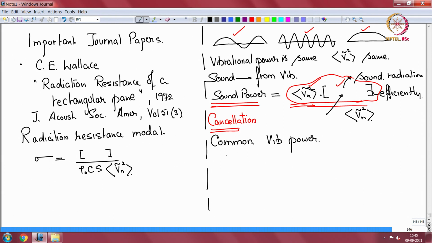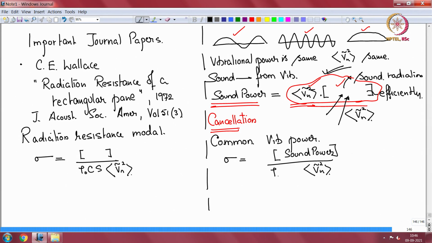Okay. So if we now have the radiation efficiency, it will be defined as this sound power, which is this entire term, divided mainly by this V tilde square and the vibrational power. What should effectively remain is the other factor which discusses radiation.